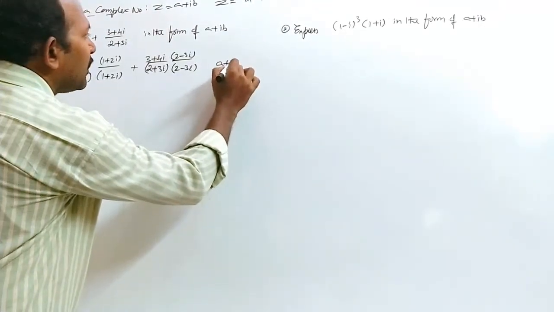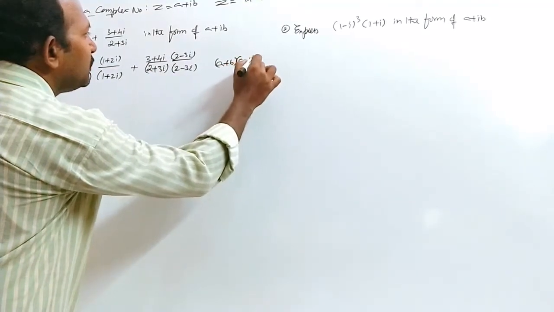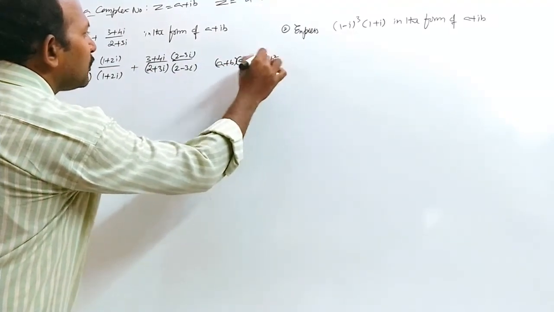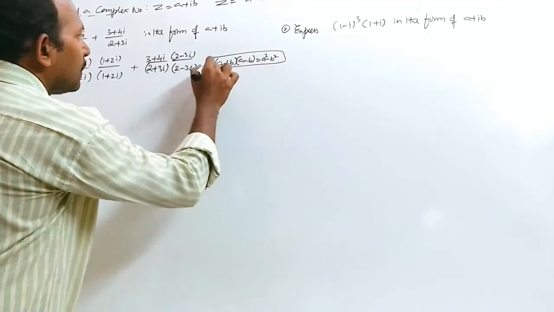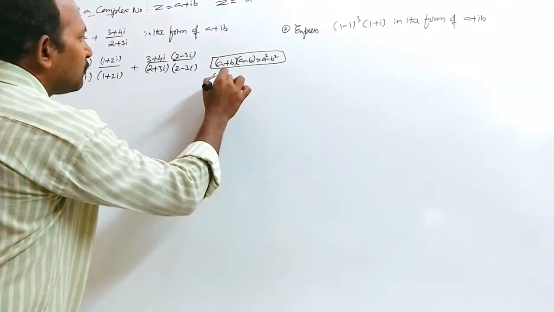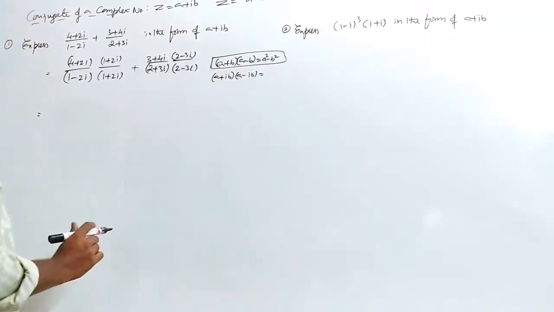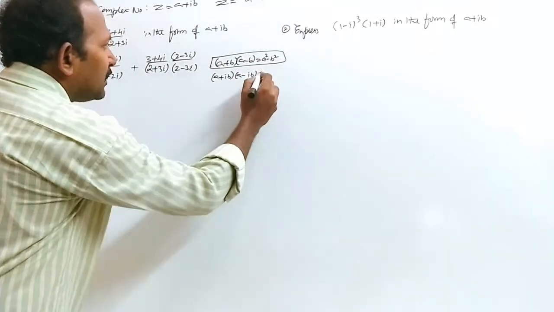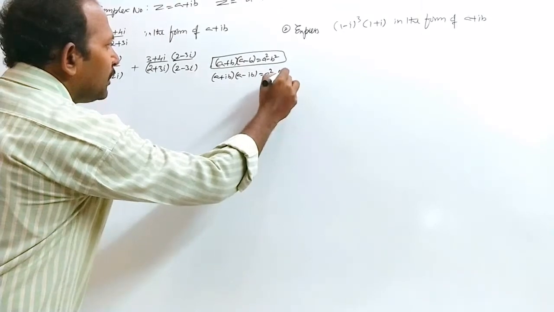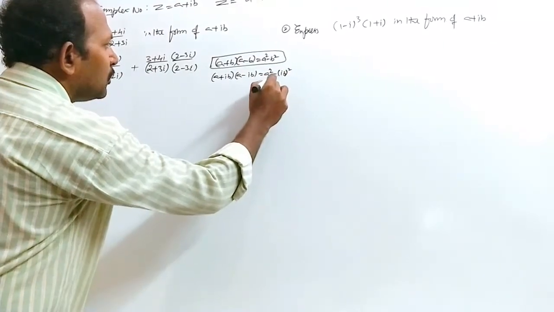now we know that the product of (a plus b) into (a minus b) is equal to a square minus b square. But in case of complex numbers, (a plus ib) into (a minus ib) is equal to a square minus (ib) whole square.